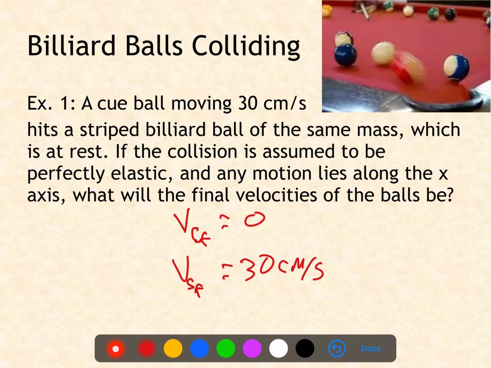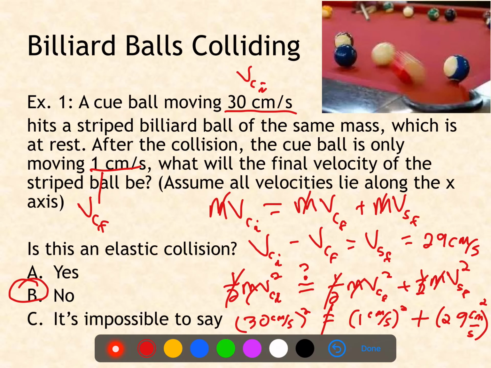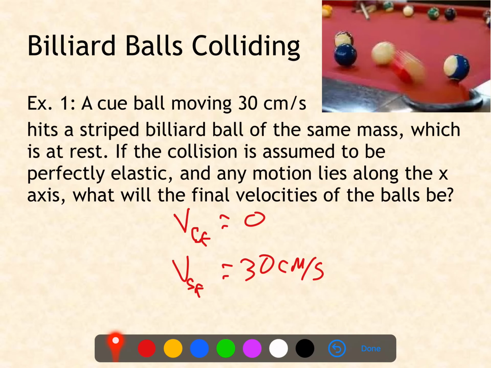You can check that in the previous equation and see that it checks out. If I have a 0 here and a 30 here, then the left-hand side does equal the right-hand side, and kinetic energy is conserved.